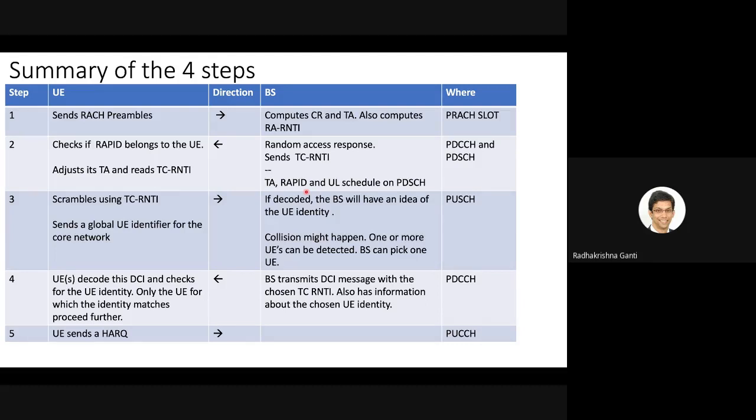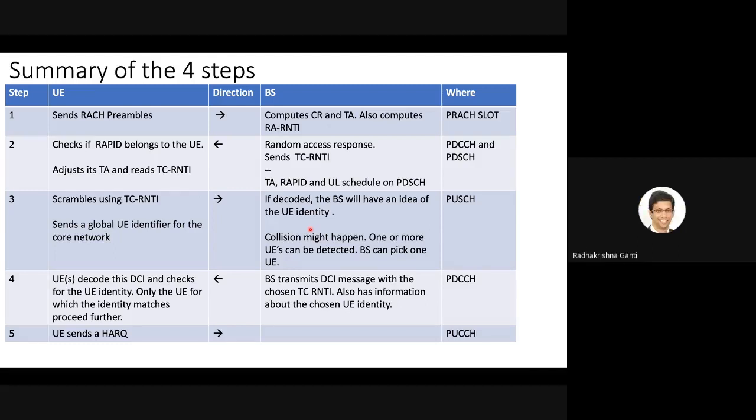Please repeat. In case of a collision, will the UE wait for some time, or what will happen? So step 1 you understood, step 2 you understood. In step 3, both of them will transmit on the same frequency time resources. Collision will happen, so there may be two possibilities.